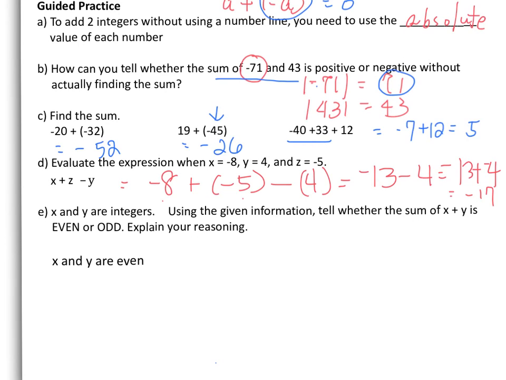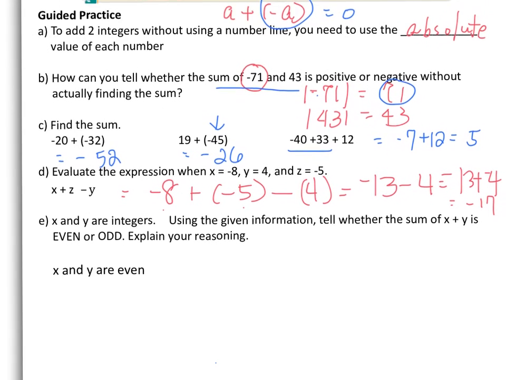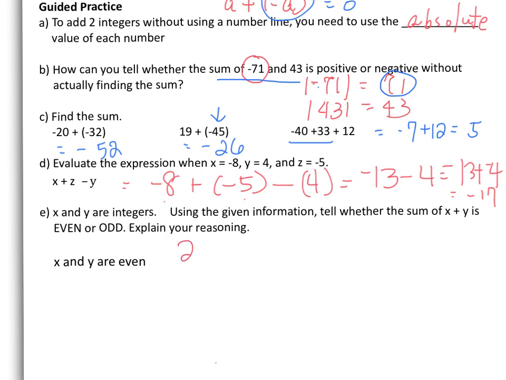Part E, x and y are integers. Using the given information, tell whether the sum of x plus y is even or odd. Explain your reasoning. Okay, so the given condition is x and y are even. If we use numbers, 2 plus 6, say, 4 plus 8, we notice that when x and y are both even, the sum would always be even.